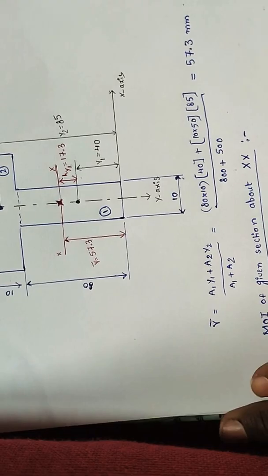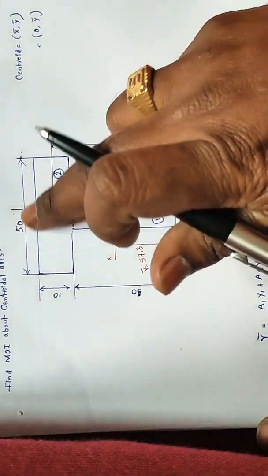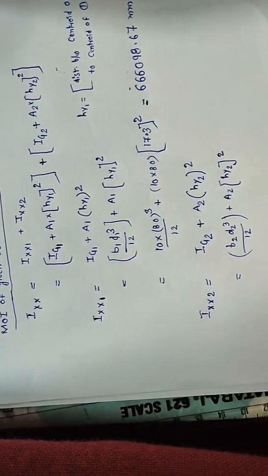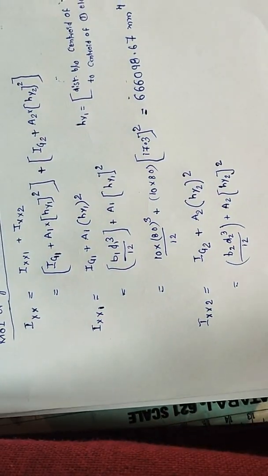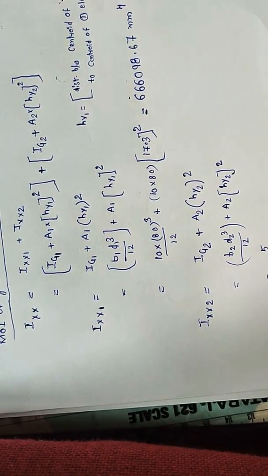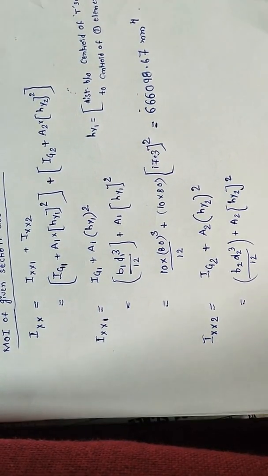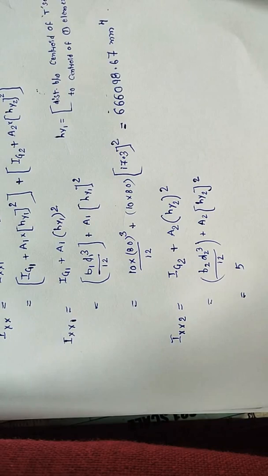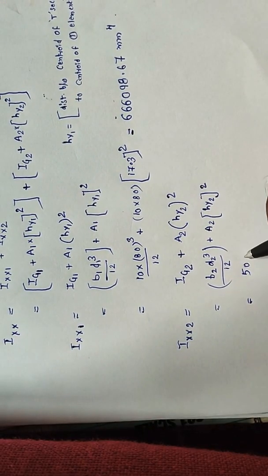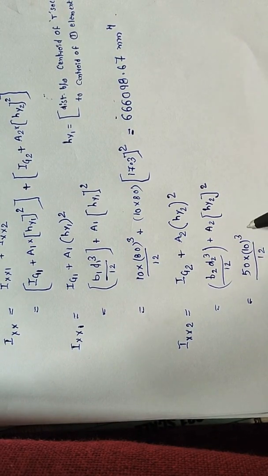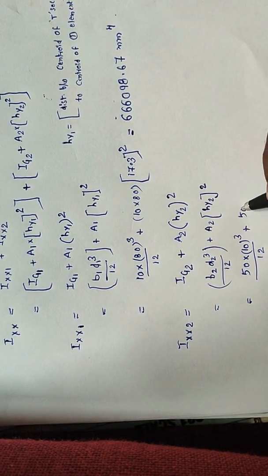So here width is 50, depth is 10. So 50 into depth 10, 10 cube by 12, plus 50 into 10 into hy2.